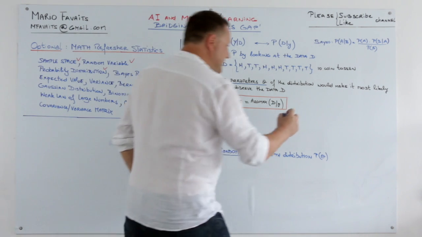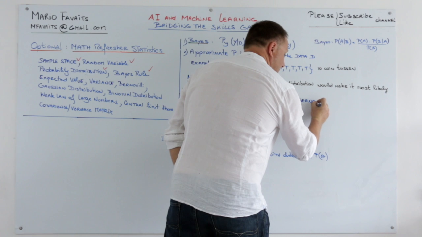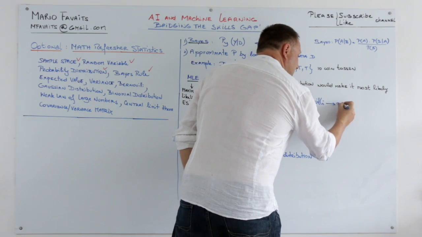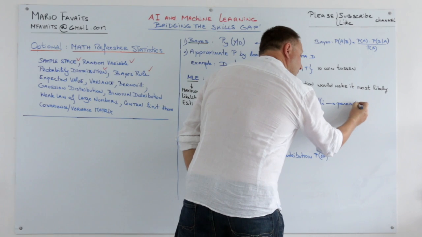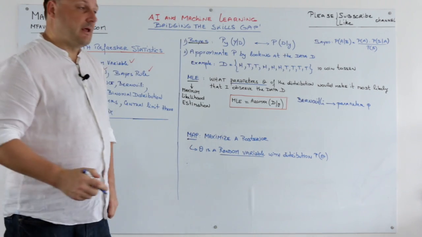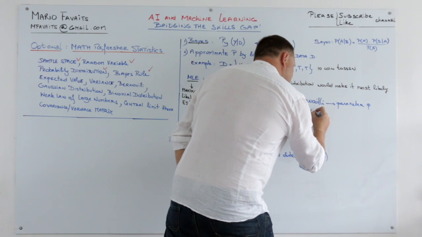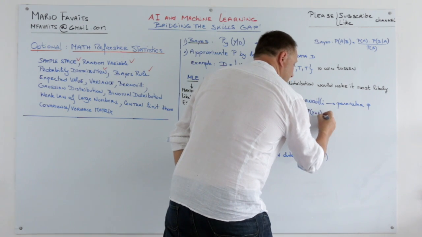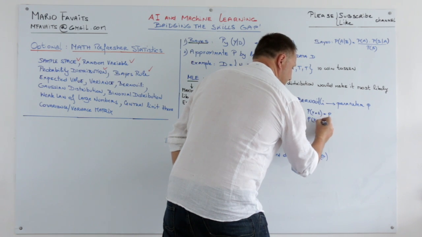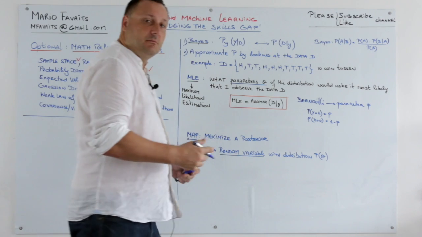But you have a Bernoulli distribution, and it has a parameter P. And what is the parameter P? Well, the chance that x equals 1 equals P. And the chance that x equals 0 equals 1 minus P, because the sum needs to be 1.